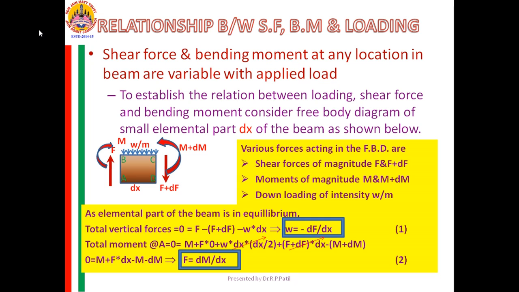Most probably you know why the M is not coming into picture. The basic definition of a couple is equal and unlike forces. One force acts vertically up, the same amount of force acts vertically down. That is why when you are taking the vertical forces, couple will not come into picture.